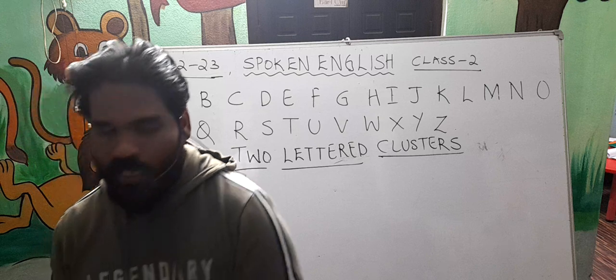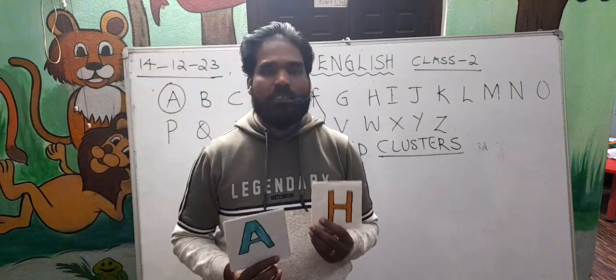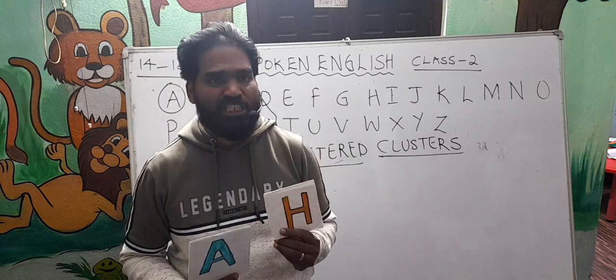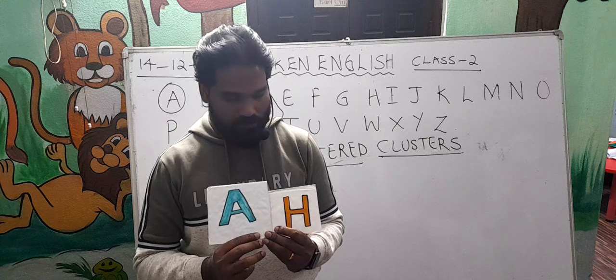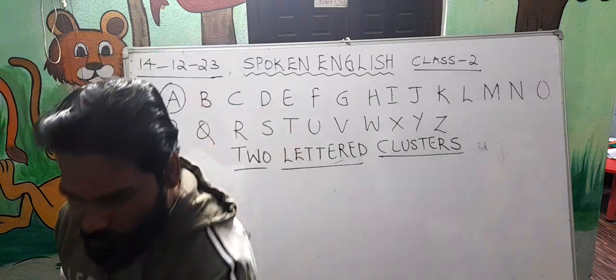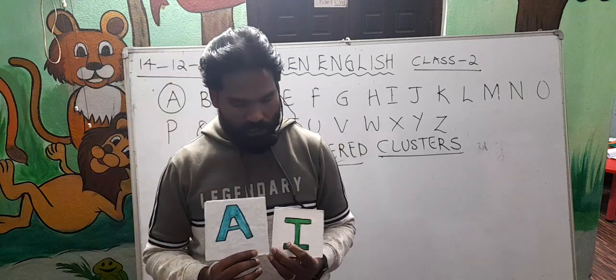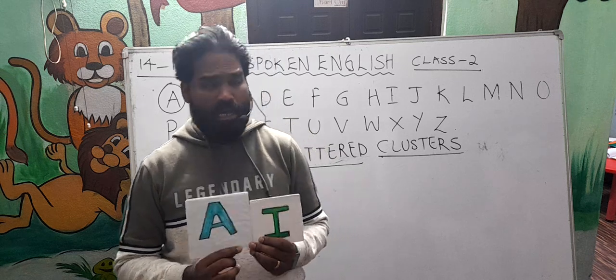Moving on to the next one, this is H. The sound H should not be there when you speak. AH, ah. That's how we read it. Now, moving on to the next one, it is I. AI.